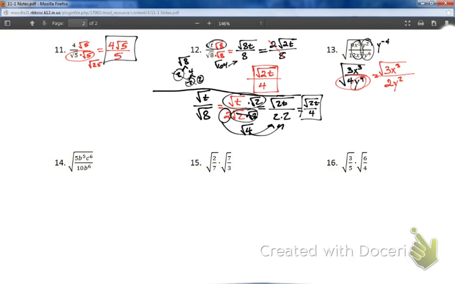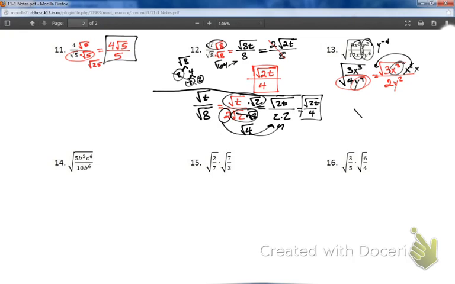Because you say, well, the square root of 3 cannot be reduced, but can the square root of x to the 3rd? And yes, it can. X to the 3rd, again, hopefully you're thinking of it as x squared and x, meaning those two x's pair and come out.